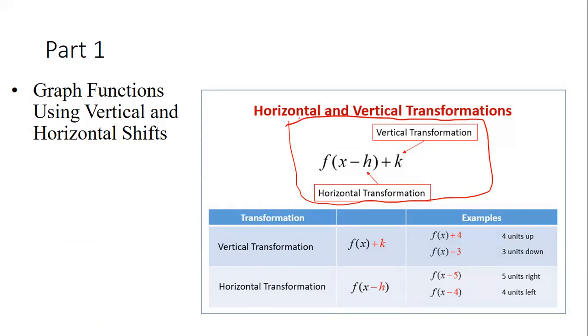You're going to write what is boxed. Do you see what is boxed up here? It says f of x minus h plus k. Okay, your h represents your horizontal transformation and your k represents your vertical transformation. So that's what you're writing at the top or bottom of your page, wherever you have the most room.